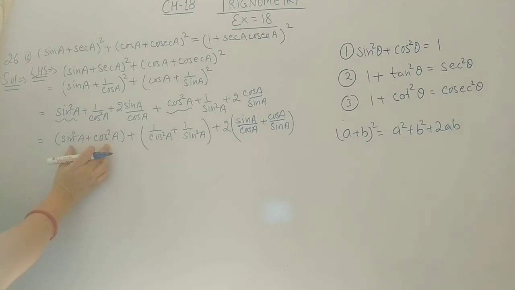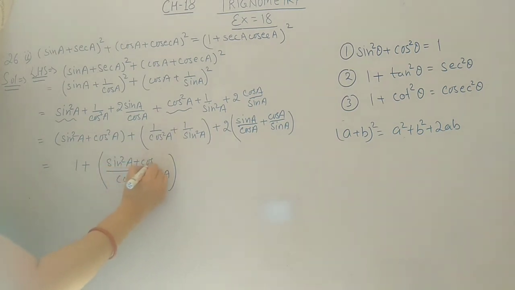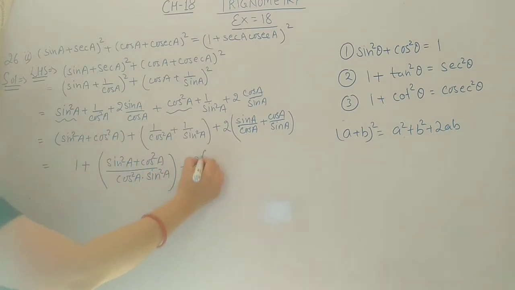This first bracket value is 1 by the first identity, so it will become 1. Second bracket, take LCM: cos square A plus sin square A, with cos square A into sin square A as the LCM. Then here sin square A plus cos square A. The last bracket also we will take LCM.